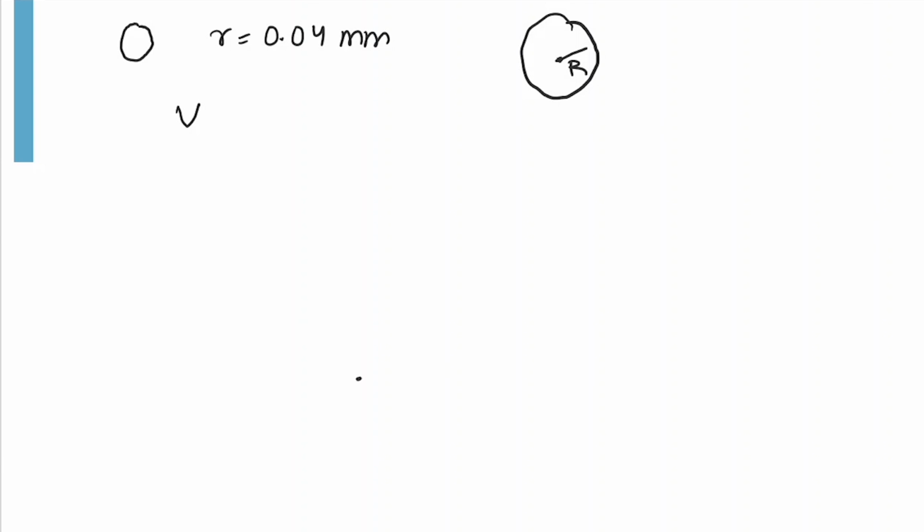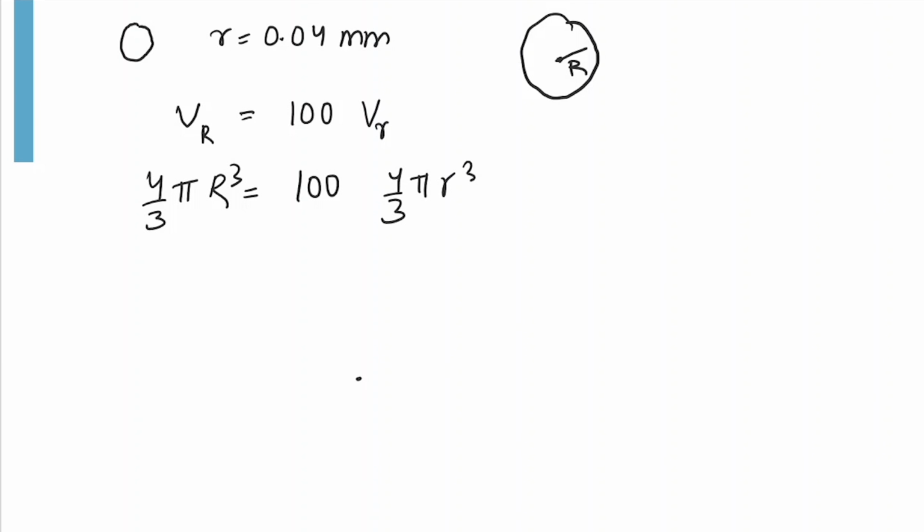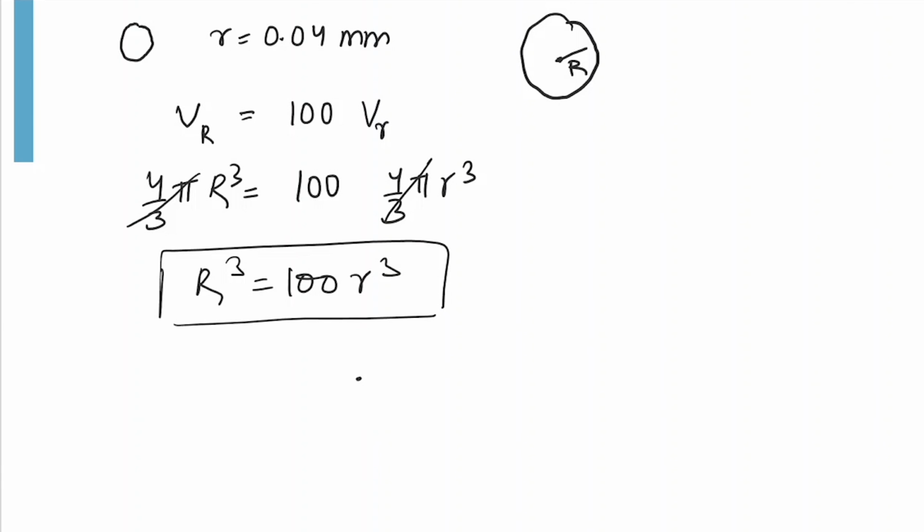The volume of the bigger drop, having radius capital R, will be equal to 100 times the volume of a single drop. The volume will be 4 by 3 pi R cube, and the volume of the smaller is 100 times 4 by 3 pi small r cube. So R cube is equal to 100 times r cube. We will be using this relation.